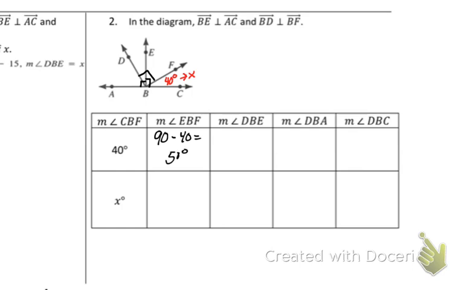And I want to do it that way because when we go to our x value, it's just going to be 90 degrees minus x, right? We good with that? So this is 50 degrees. Or for the bottom one, it is 90 minus x.